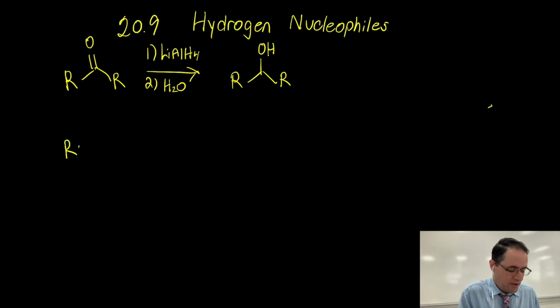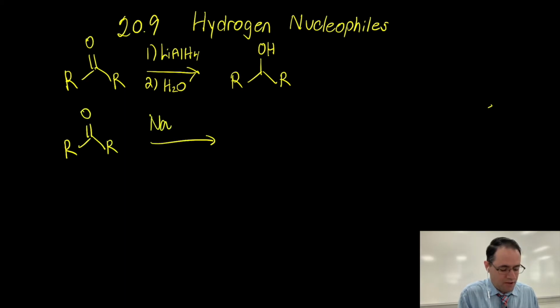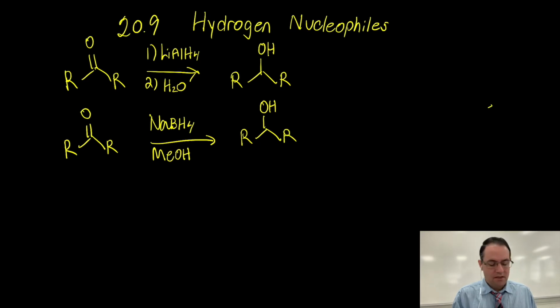Sodium borohydride would be a one-step procedure. Sodium borohydride is a much milder reducing agent, and it hydrolyzes very slowly. It reacts with methanol very slowly, so we can actually do this in methanol as a solvent, and that's the proton source. Okay, so you can choose your reagent there.